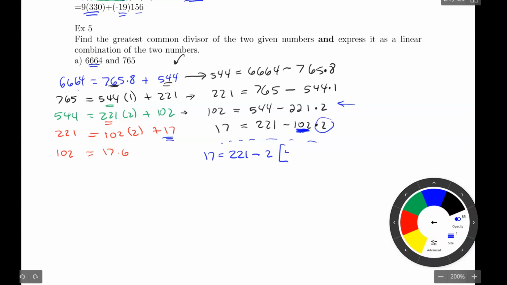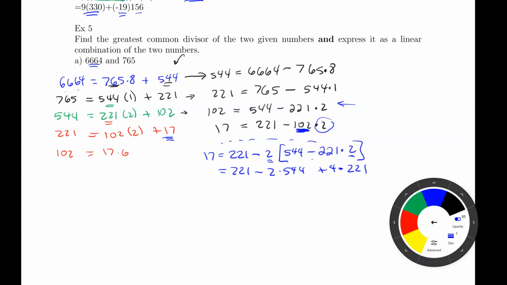So 102 is equal to 544 minus 221 times 2. Okay, so let's multiply that out. So 221 minus 2 times 544. So this negative 2 and this negative 2 gives me a positive 4 times 221s.